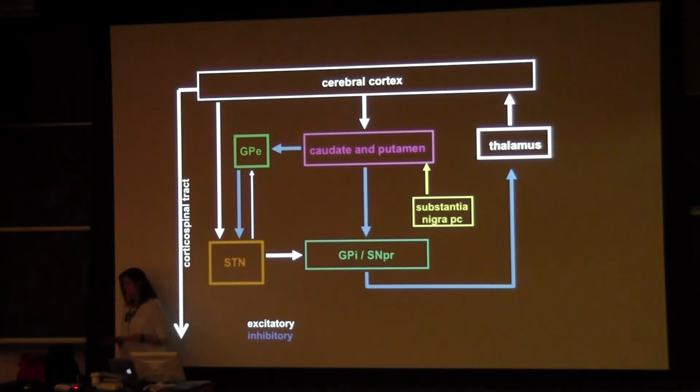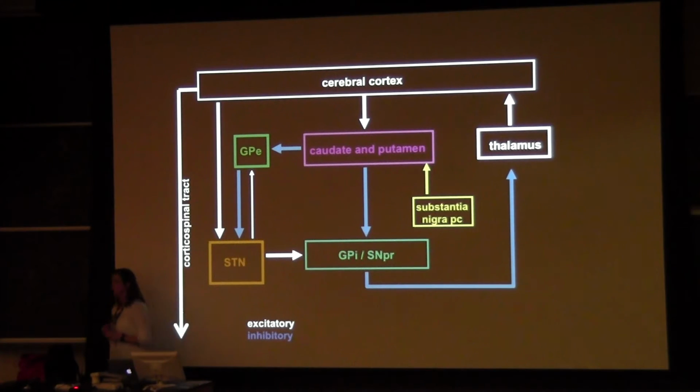So what dopamine does depends on the receptor in the neuron. Neurons in the direct pathway have D1 receptors, and neurons in the indirect pathway have D2 receptors. So you have different receptors, so you have different effects of dopamine. Okay, so this is what we have to work with.